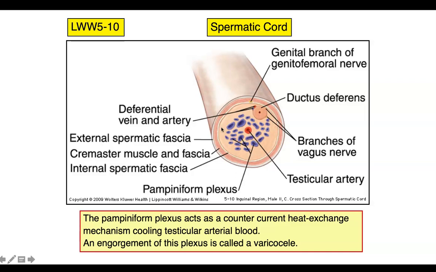And the testicular vein, already you have seen in the posterior abdominal wall, the single testicular vein on the right side drains into the inferior vena cava, and on the left side it drains into the left renal vein.